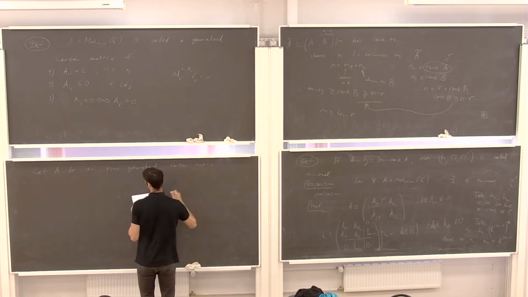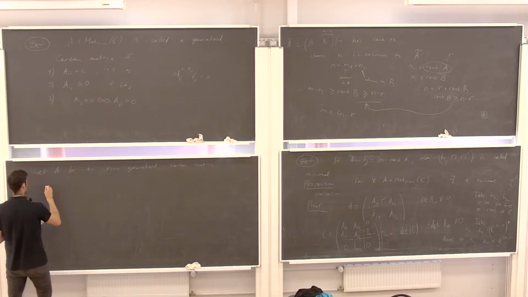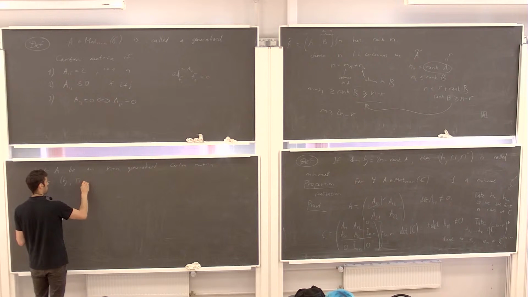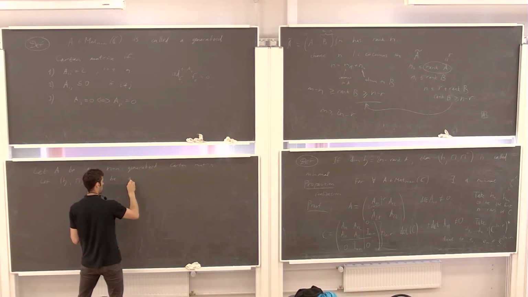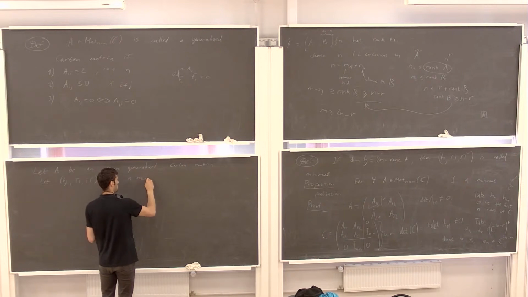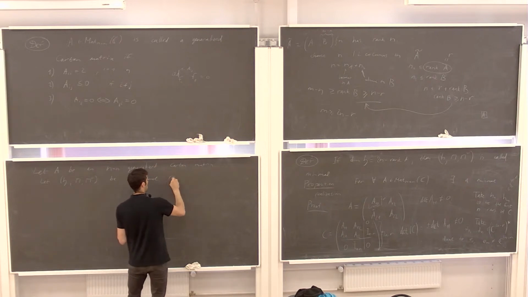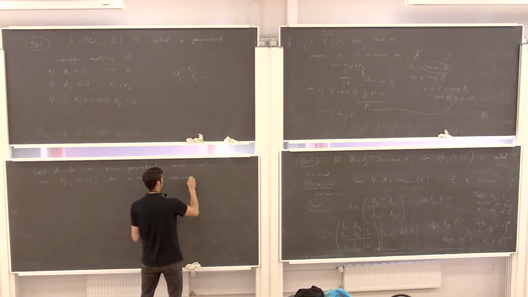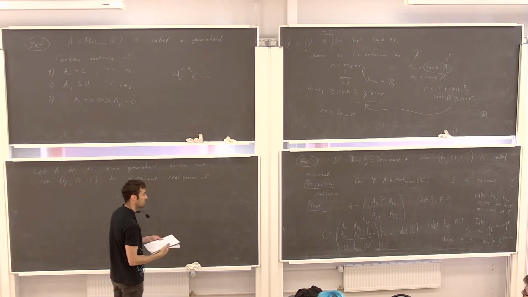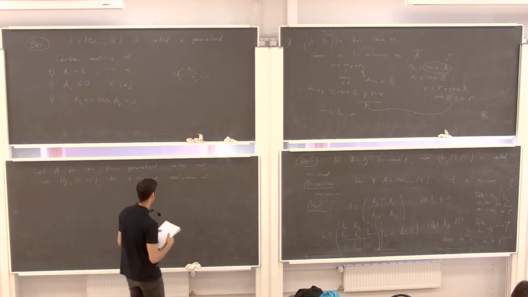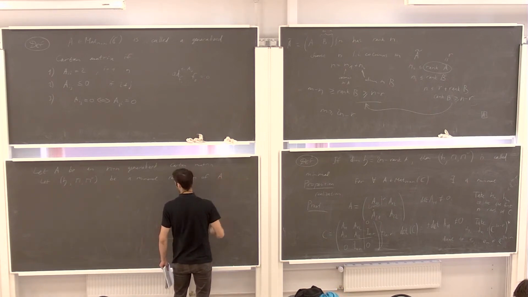Then let me take its minimal realization, h, pi, pi check, a minimal realization, which is unique up to some natural isomorphism.